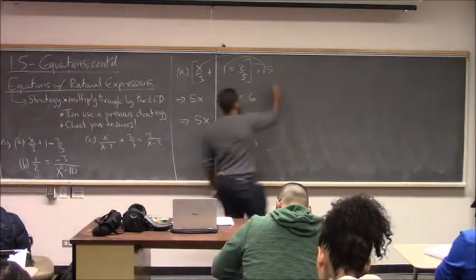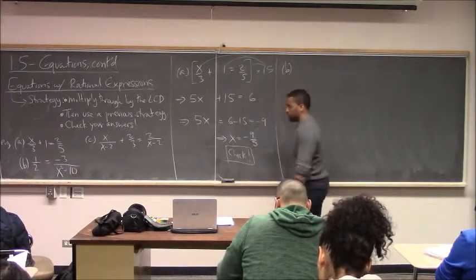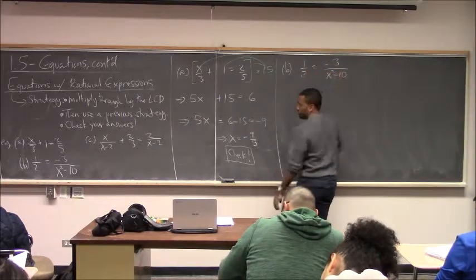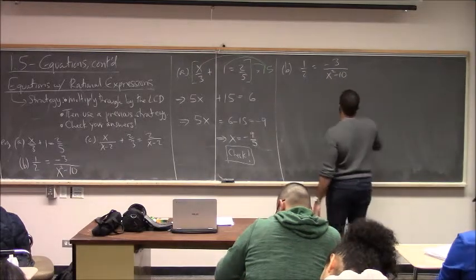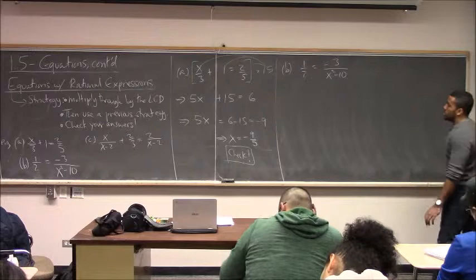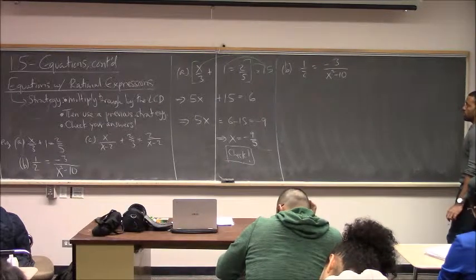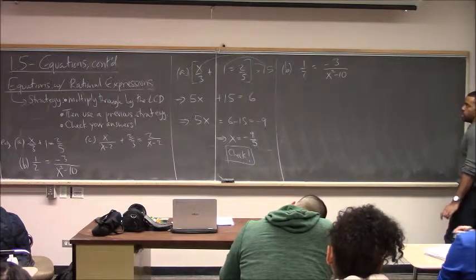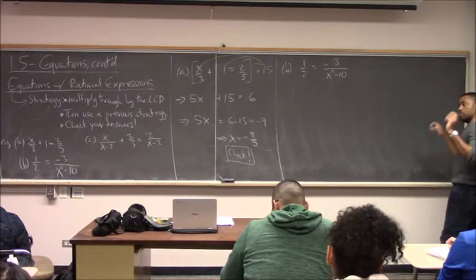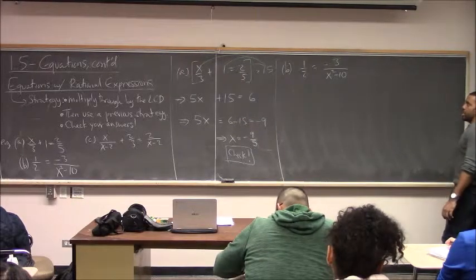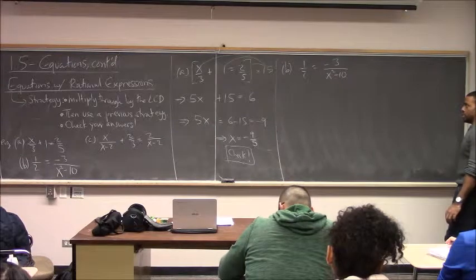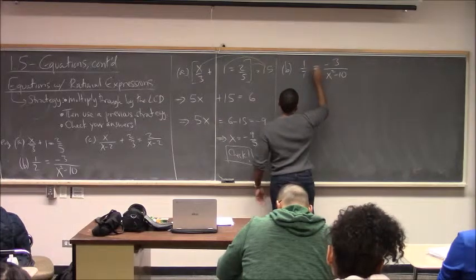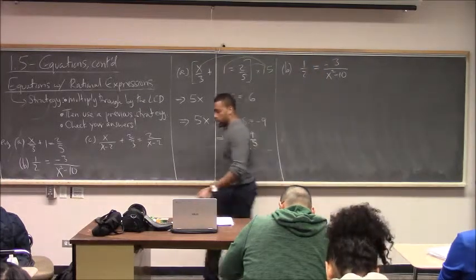Let's look at B. We can talk about an alternative here, which ultimately does the same thing. If you have two fractions, you can do something you call cross multiply. It's essentially like a nicer way of multiplying both sides by the LCD. However, it only works in the simple case where you have one expression and the other one. So we could do something here called cross multiply.